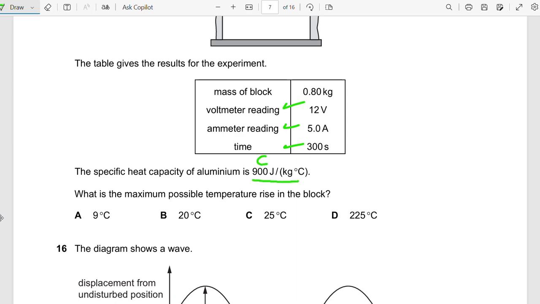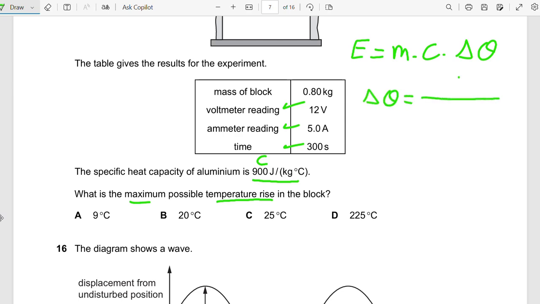What do they want? They want the maximum possible temperature rise or temperature change in the block. Remember, from before we know that the heat energy is given by mass multiplied by specific heat capacity multiplied by the change of temperature. They need the temperature rise, which is going to be energy over mass multiplied by specific heat capacity.